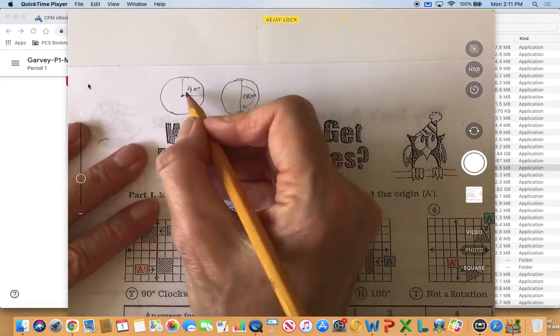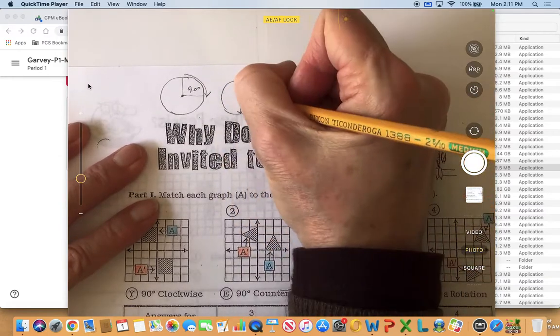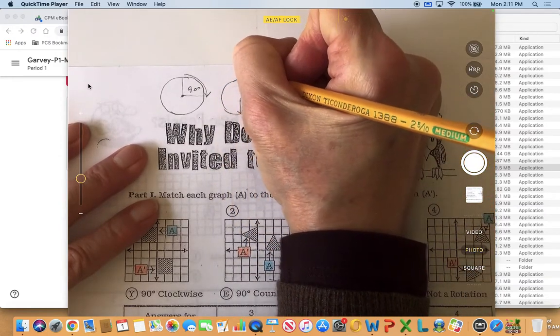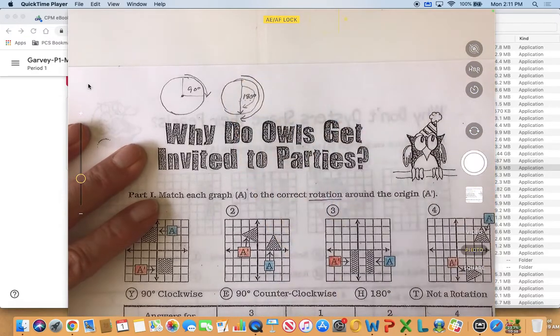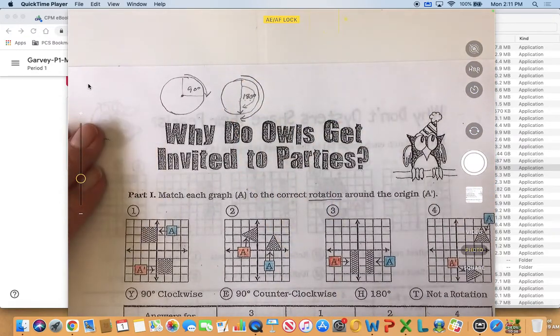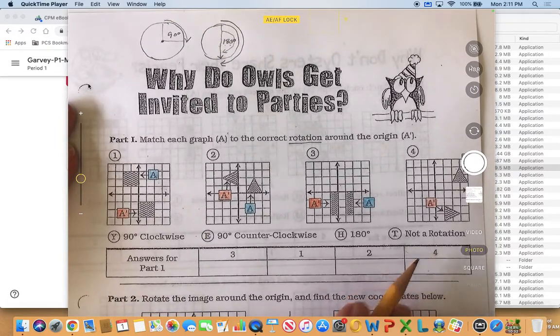So 90 degrees is just one quarter, but 180 degrees is half way around. Okay, so that's just a quick review. And then our last choice here is that it's not a rotation at all.